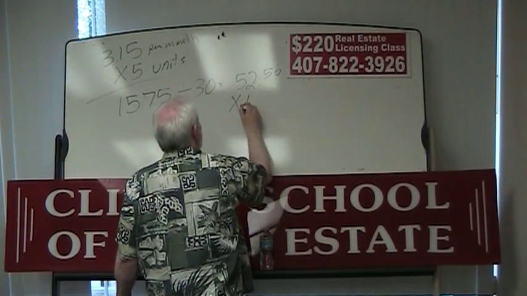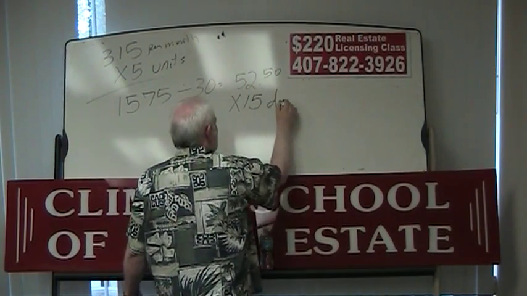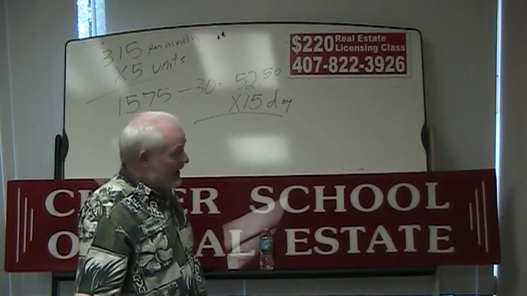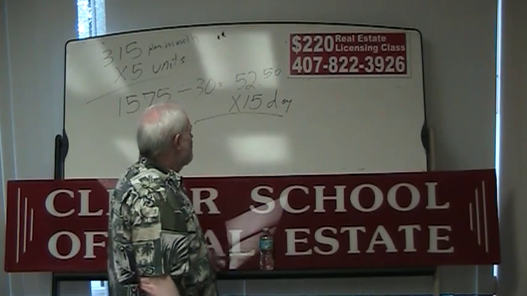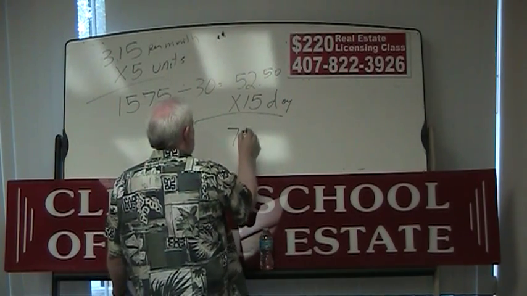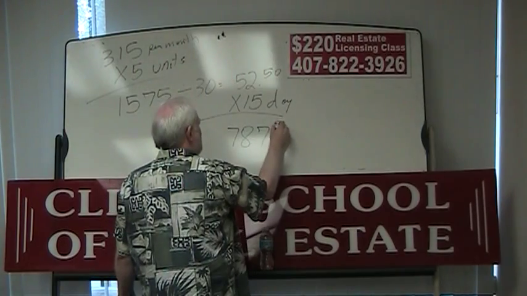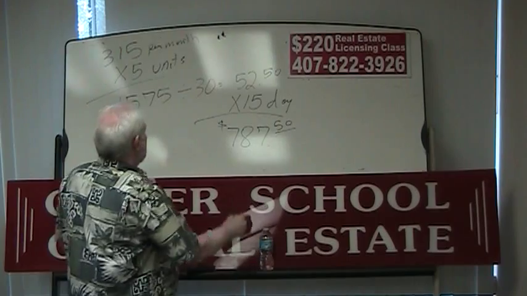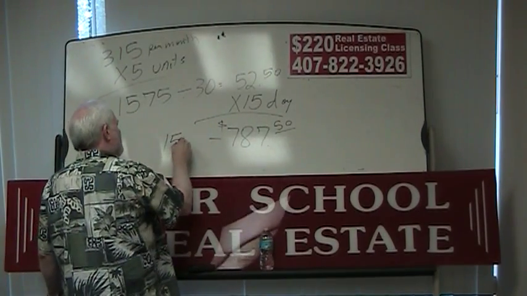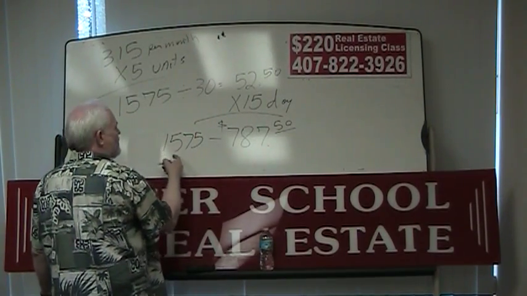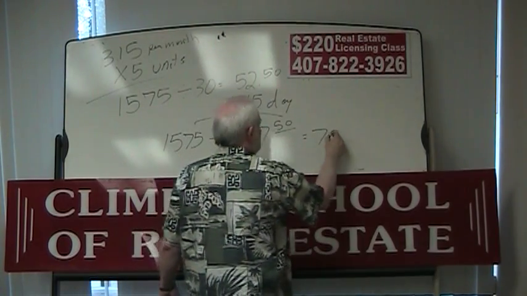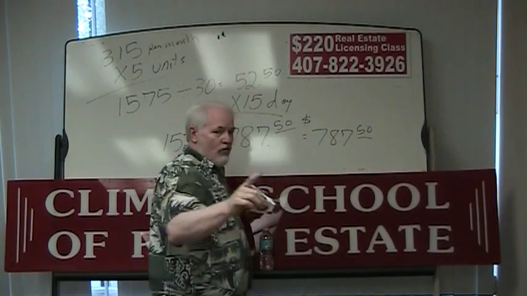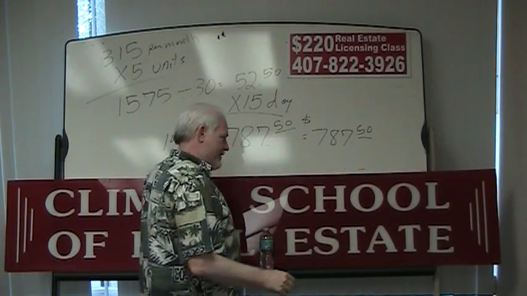The seller owns the property for 15 days because we're closing on the 16th, but that's the buyer's day. So the seller owns 15 days. So the seller is entitled to $787.50 of the rent. The seller collected $1,575 on the first of the month. They're going to be turning $787.50 of the money over to the buyer.